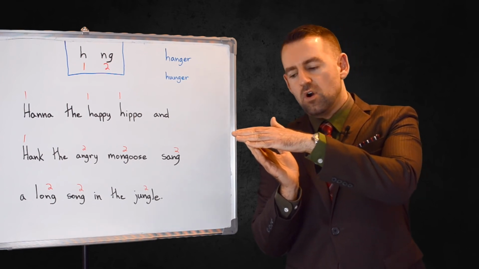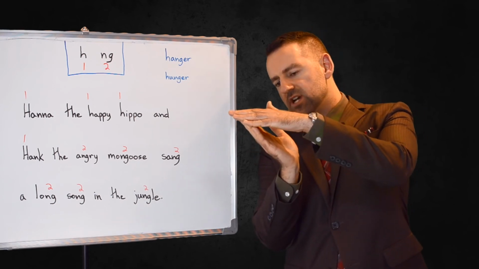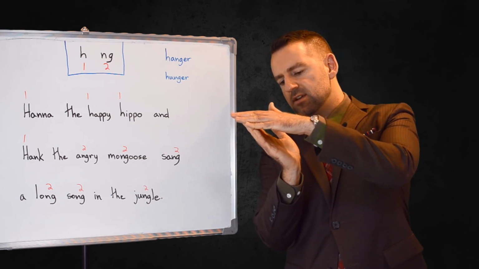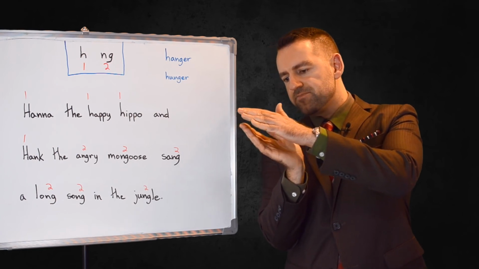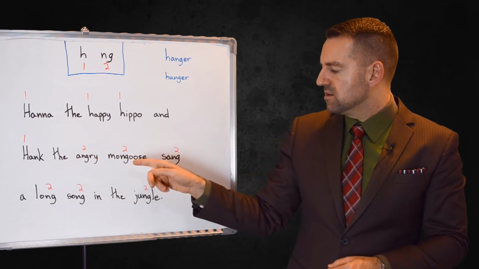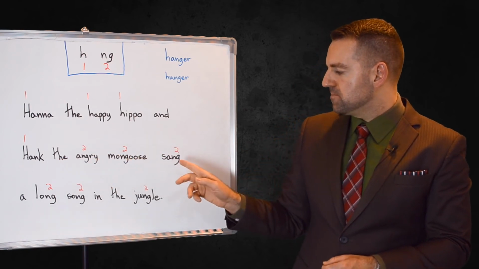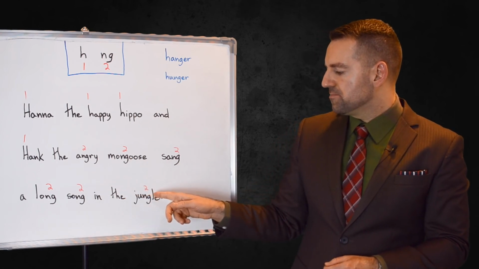So all you do to make the sound n is you move your tongue from here. N, n, n, n. All right, so Hank, angry, mongoose, sang, long song, jungle.